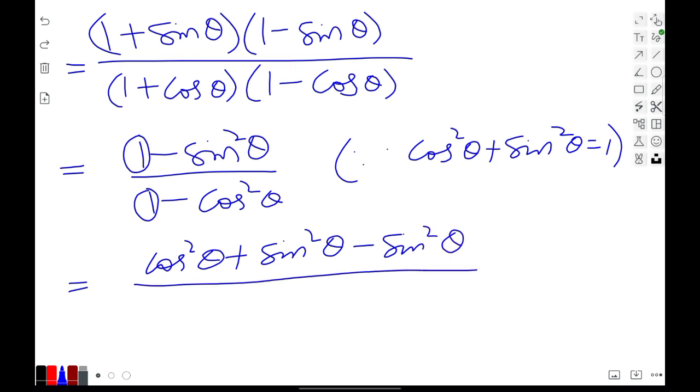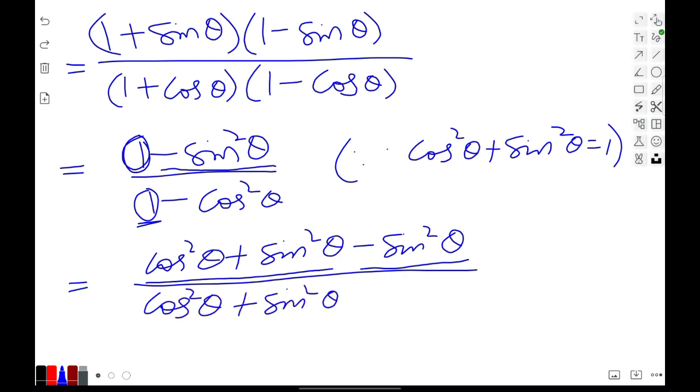So you don't get confused, in place of 1, I'm just using the first identity, and minus sin square theta I'm writing as it is. The same way, in place of 1 here, cos square theta plus sin square theta and minus cos square theta I'm writing as it is. In the numerator sin square theta will get cancelled, and in the denominator cos square theta will get cancelled.